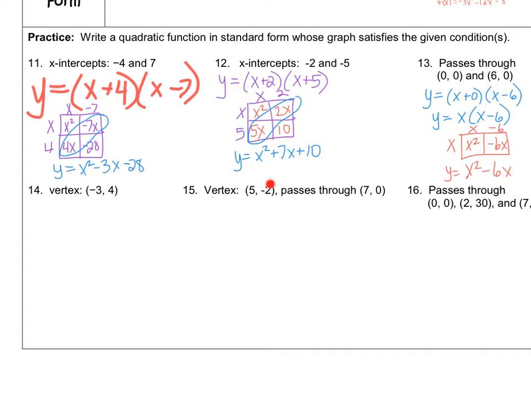On number 15, they gave us the vertex and a point it passes through, so we'll have to use that point as an x comma y to get our full equation. So this one will be very interesting to see how you do. First, I'm just going to have you do number 14. Pause your video, do 14, and then check back for the explanation.